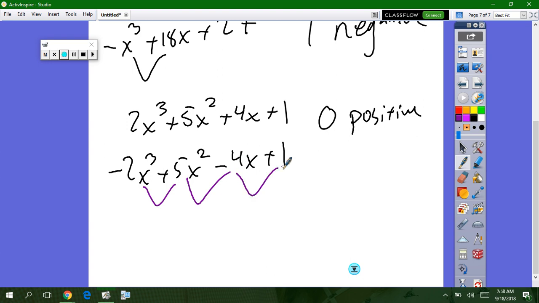So what are our choices here? 3 or 1 negatives. Can somebody tell me what were my zeros for that problem that we already found out? -1, -1 again, and who was the other one? -0.5. All of those were 3.